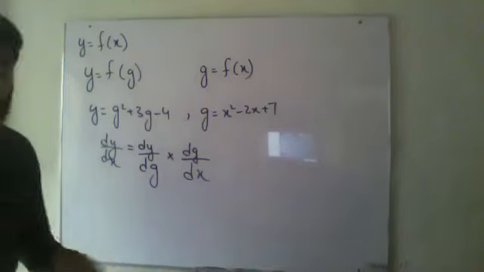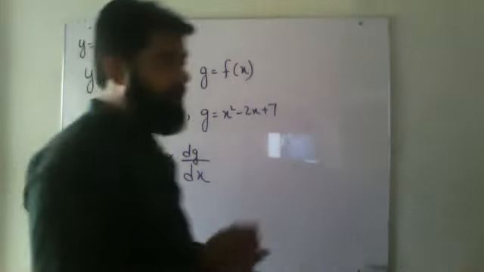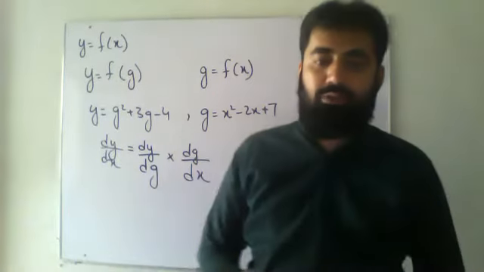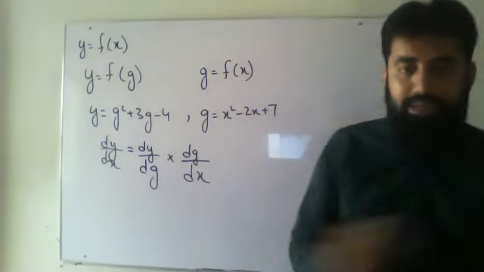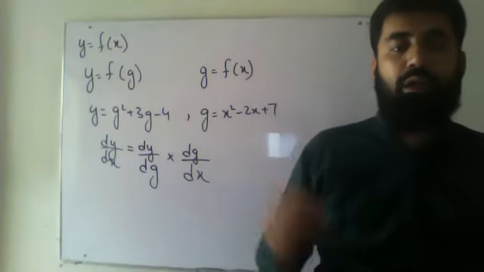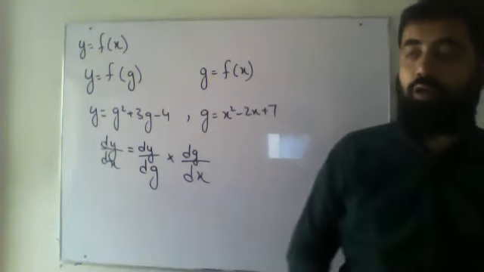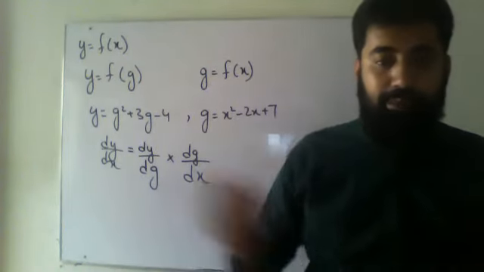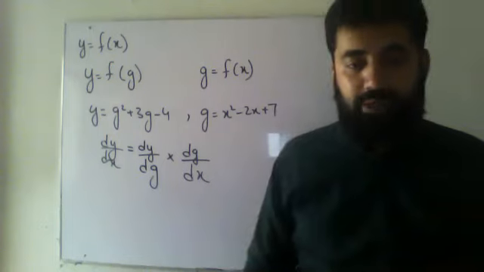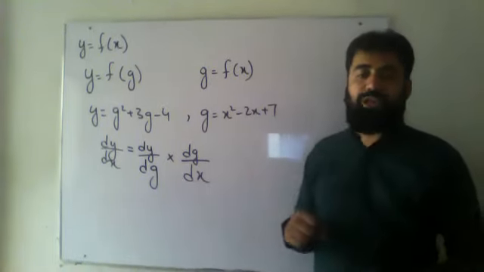When will we apply the chain rule method? When you have to find differentiation with respect to something, but it is not given in terms of that. For instance, I want dy over dx, but y is not given in terms of x. I want dv over dt, but v is not given in terms of t. Over there, I am going to apply the chain rule.